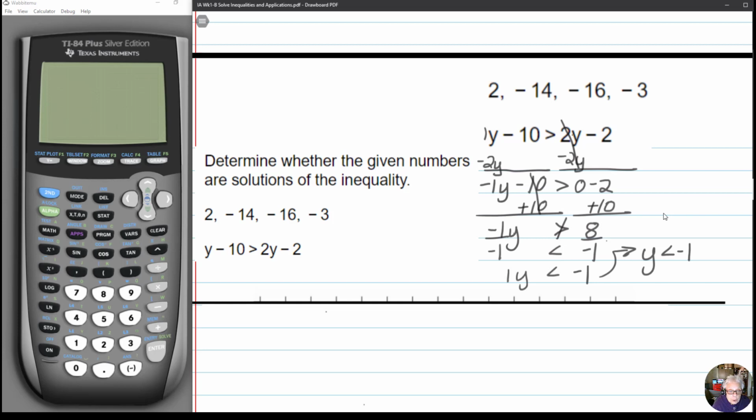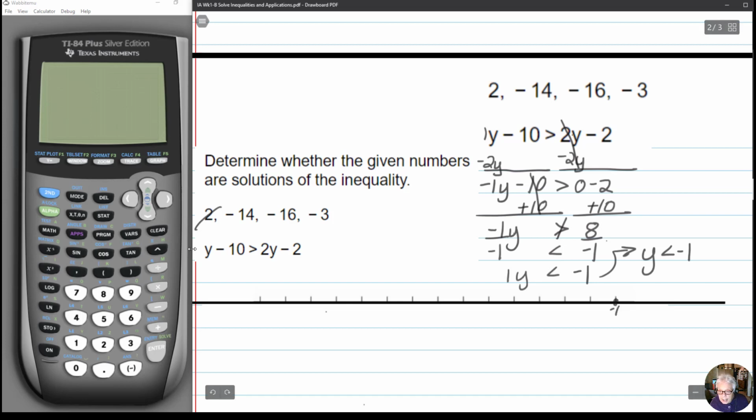Now all I have to do is look at the numbers. 2 is not less than negative 1. Negative 14 is to the left of negative 1. In fact, let's graph negative 1.